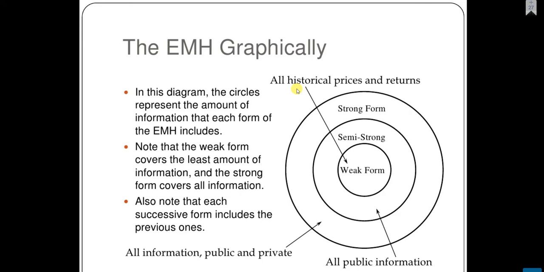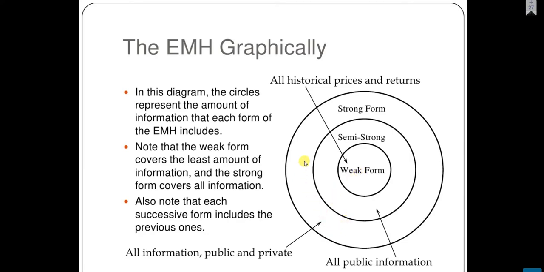As per this graphic you can see the weak form is just containing all historical prices and returns. It is not talking about the current situation, the current prices or the future.